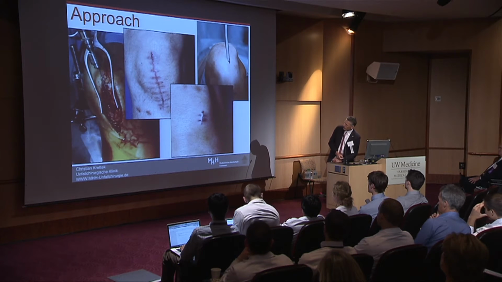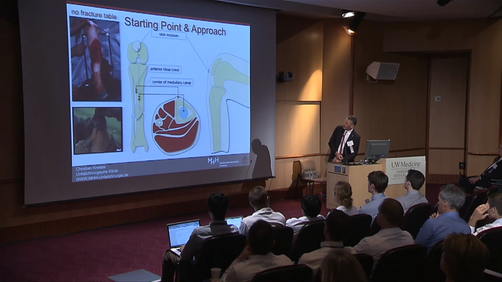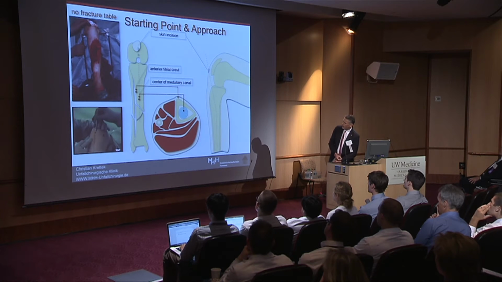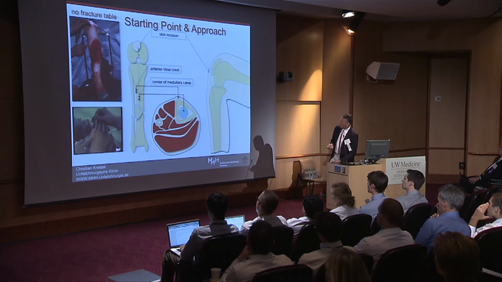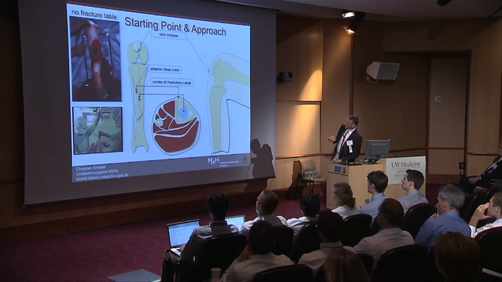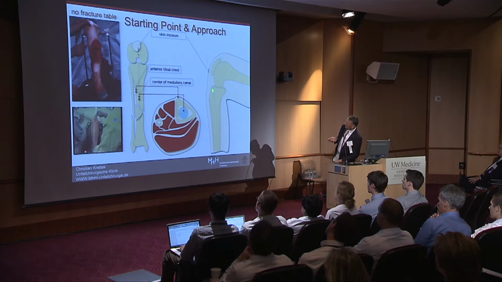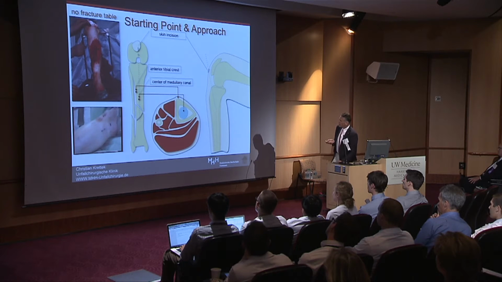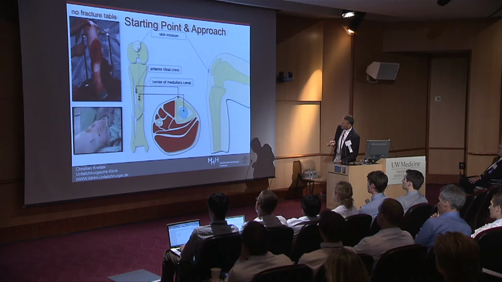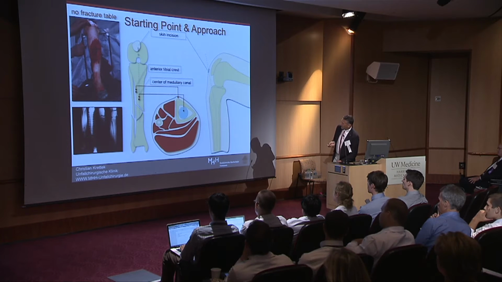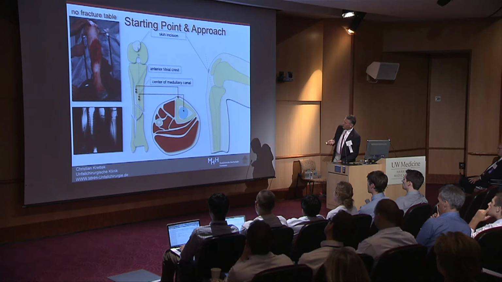And the prerequisite for this in our hands is that we have a very steep approach, which actually starts not at the proximal tibia. The soft tissue axis starts at the distal third of the tibia, because we have, as a longitudinal axis, we have to insert the proximal tibia very steep in order to get aligned into the medullary cavity.